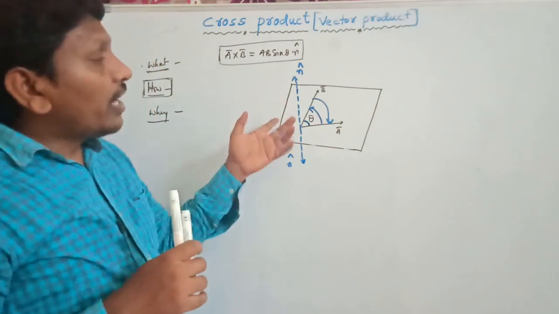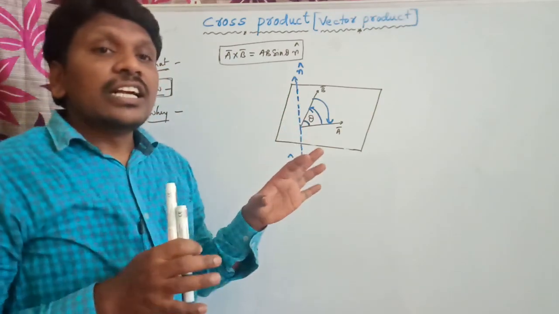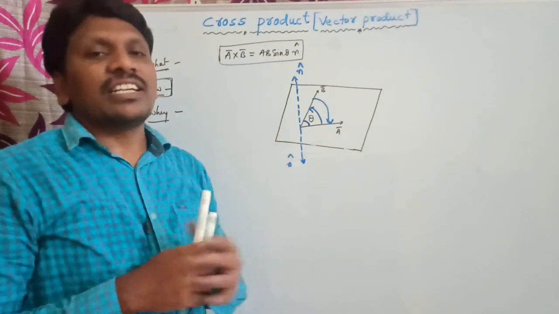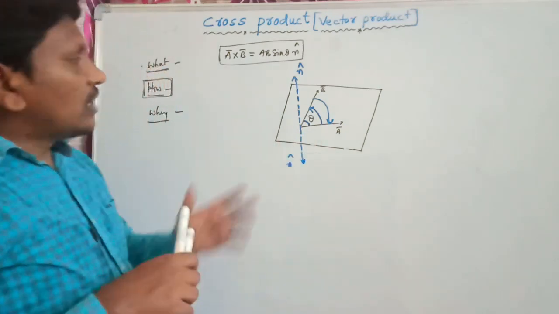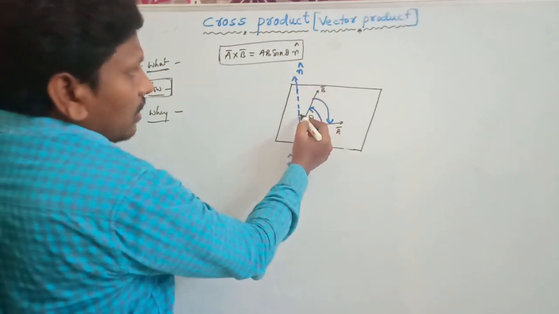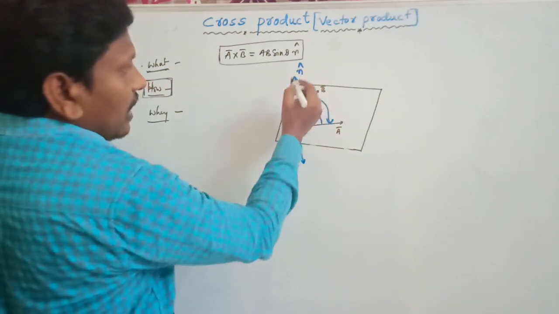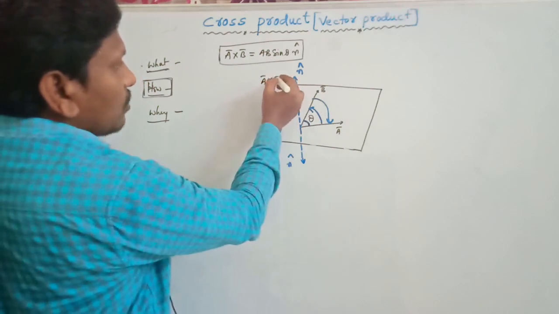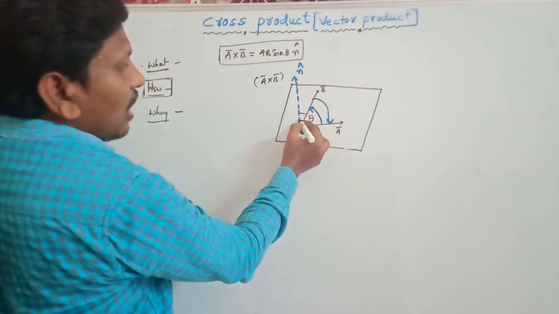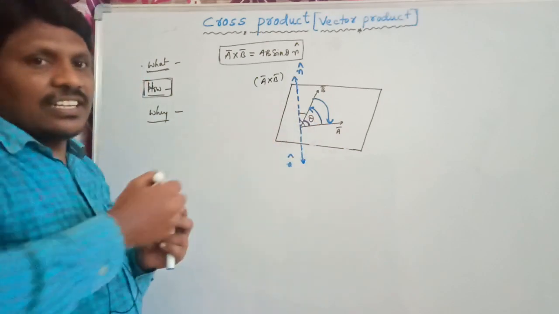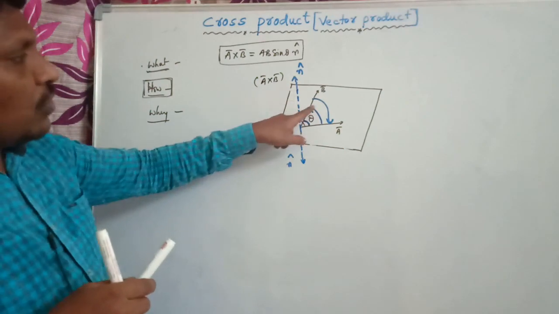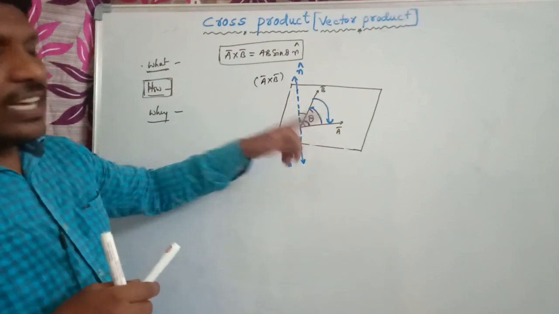The vector product depends on the direction in which we multiply one vector with another. Whatever resultant vector we got, that is A bar cross B bar, is normal to this vector and also normal to this vector. So the resultant vector is normal to both the B bar and A bar vectors.